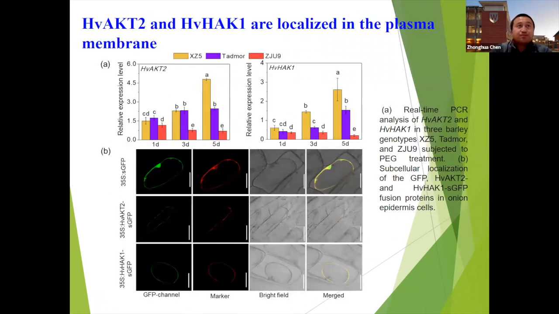tissue expression. And then we also cloned those two genes and identified them, and they are both plasma membrane localized, although the signal isn't very strong, even though we used 35S, a quite strong promoter.